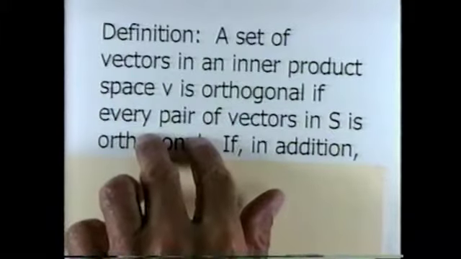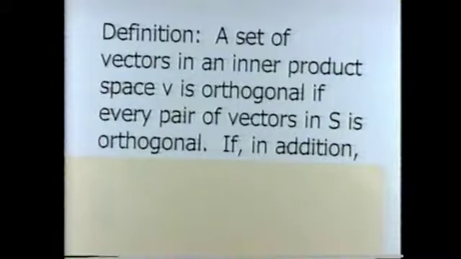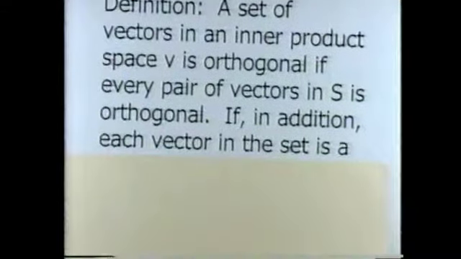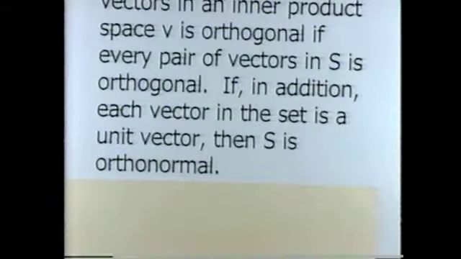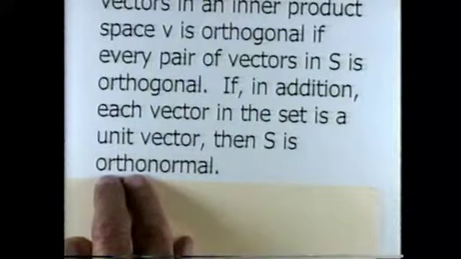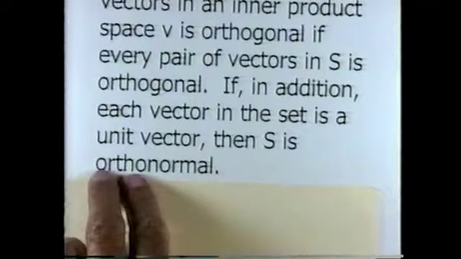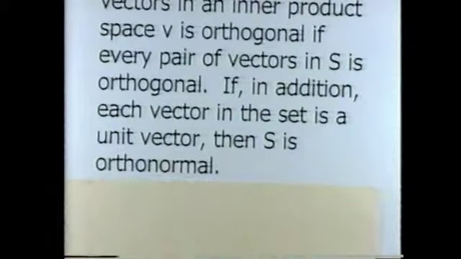Then we say that the set is orthogonal. If in addition each vector in the set is a unit vector, then S is orthonormal. So orthonormal means all the pairs are orthogonal, and all the vectors have length 1.